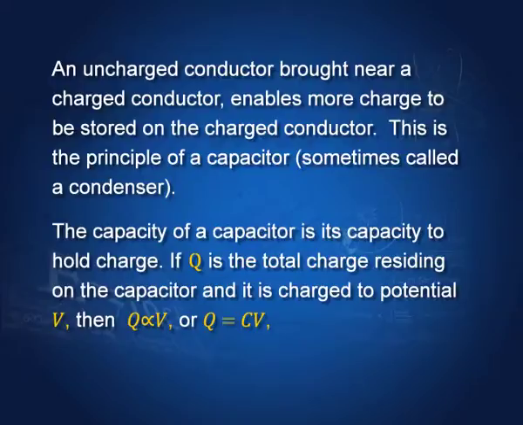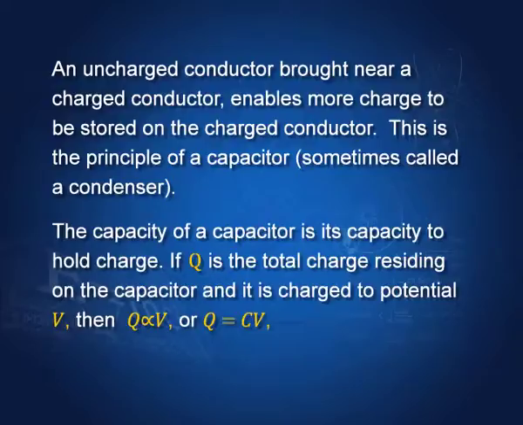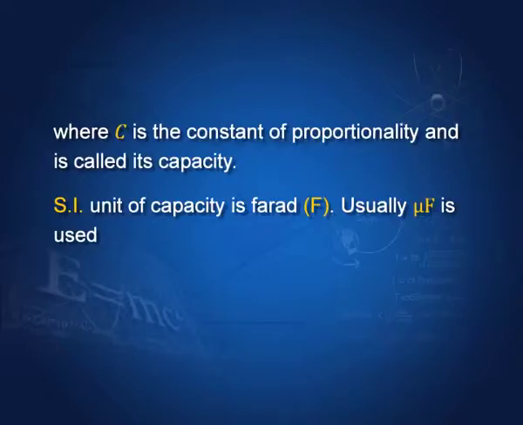If Q is the total charge residing on the capacitor and it is charged to potential V, then Q is proportional to V. The charge that is held is proportional to the potential difference between the two plates, or we can write Q equal to C V, where C is the constant of proportionality, called the capacity of this system. The SI unit of capacity is a farad, but farad is a very large unit. Therefore, usually we use microfarads, mu f.